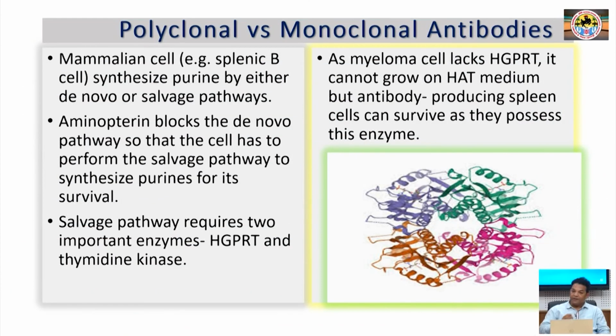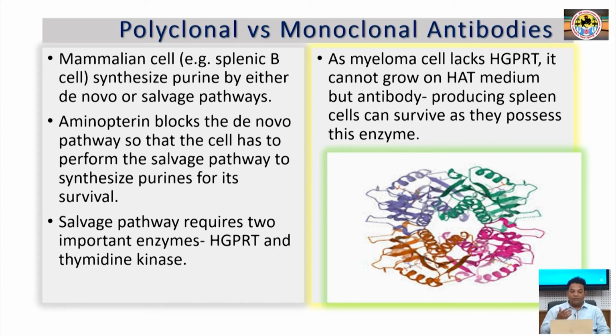As I had discussed, that SGPRT enzyme is deficient in the myeloma cell. Here our mammalian B cells use the pathway for the basic material which we have to use for DNA synthesis.